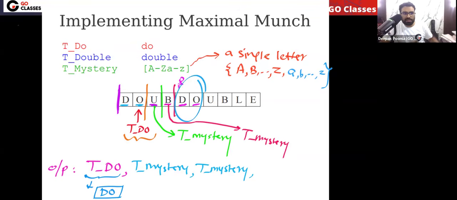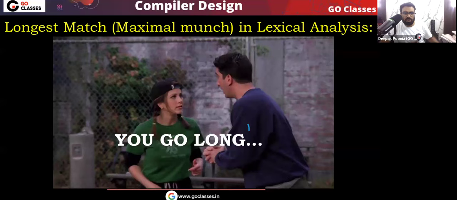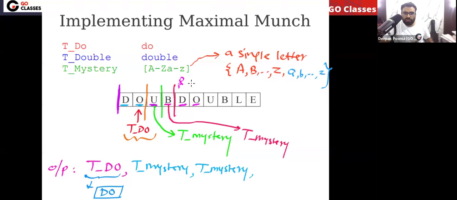But what we will do? We cannot stop here because we will go long. But remember one thing, so far this token is actually matching, so just put a marker here that the do token was actually matching here. So far this do token is matching, but we will go long.